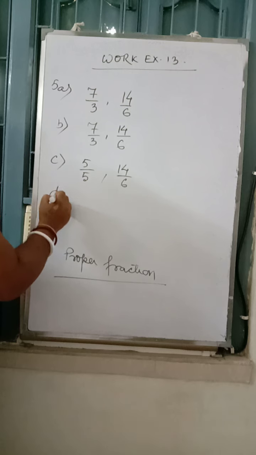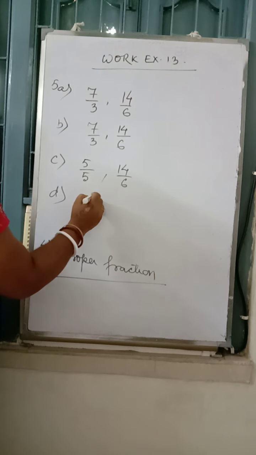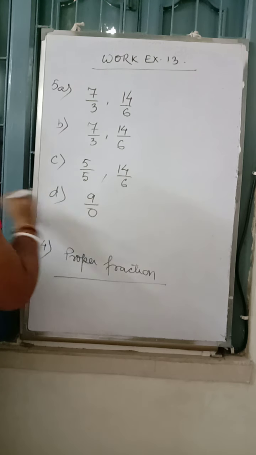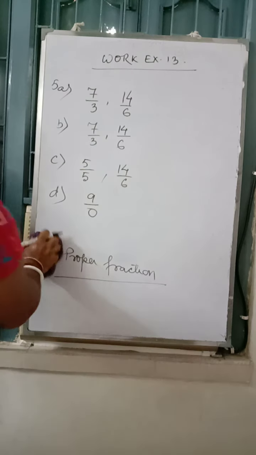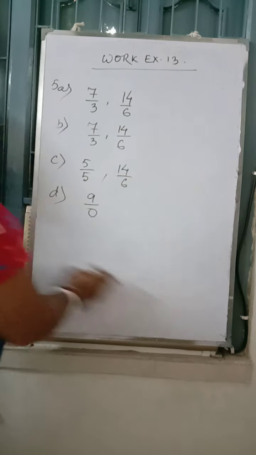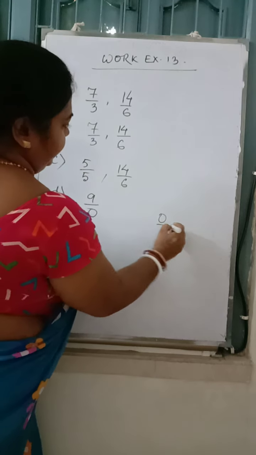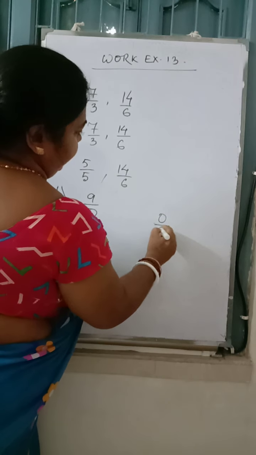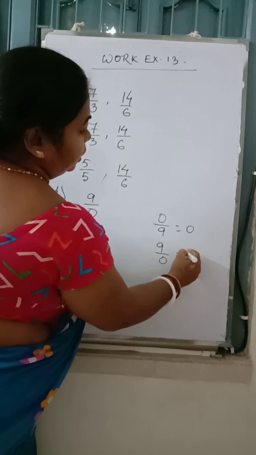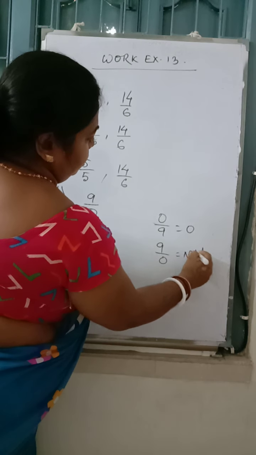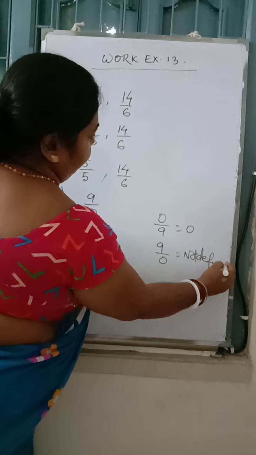Which fractions are meaningless? Only one fraction, that is 9 by 0. It is meaningless because any number divided by 0 is not defined. Now, if it is 0 by 9, 0 divided by 9 is equal to 0. But 9 by 0 is not defined. So this is a meaningless fraction.